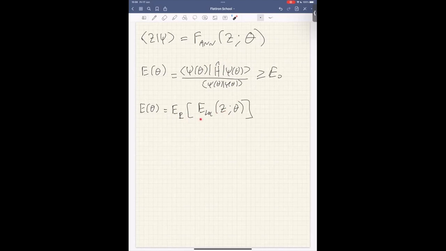Then I showed you a few techniques, especially Markov chain, to generate samples from this P, which is again psi squared. And hopefully by now you are also more familiar with the theory behind the Markov chain that I didn't have the time to describe. So this was for the ground state.